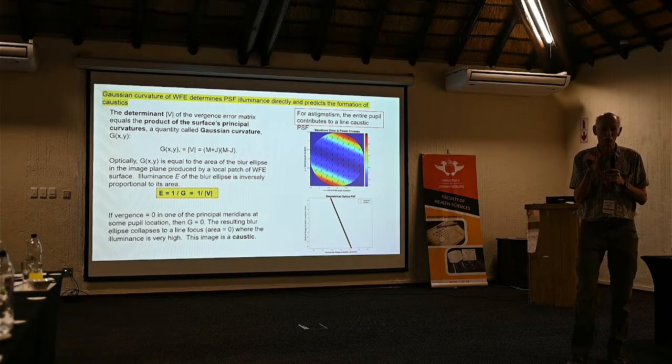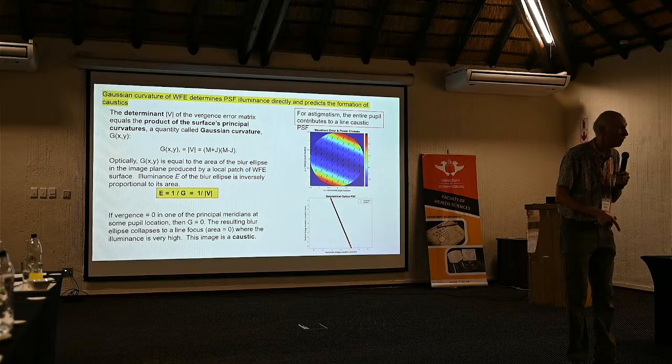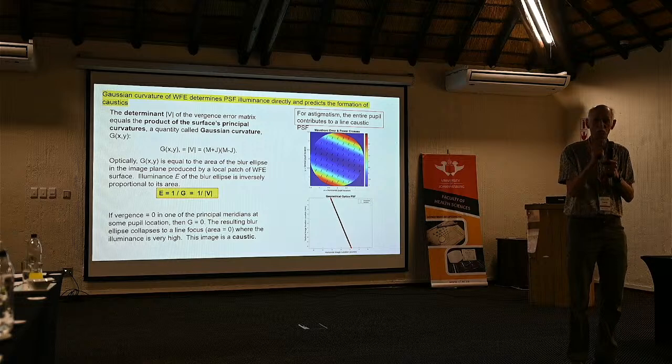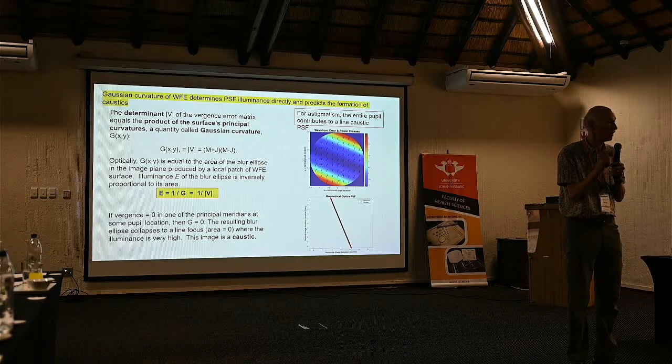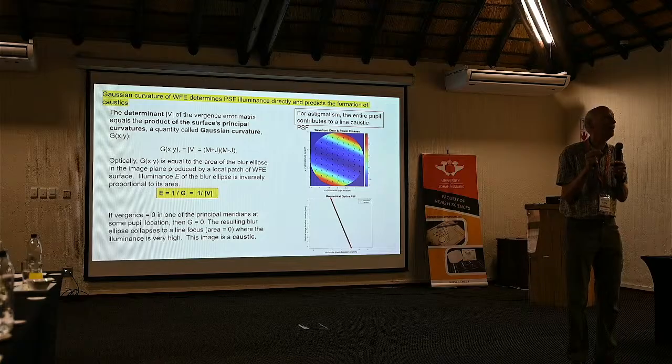Well, it's possible for the principal curvature to end up all the way down to 0. We were talking about the divergence error matrix, not the divergence itself. And when that principal curvature drops to 0, the product is 0. That means that all of the light that went through a little patch of the pupil ends up in a spot with 0 area. Now that is really high density.